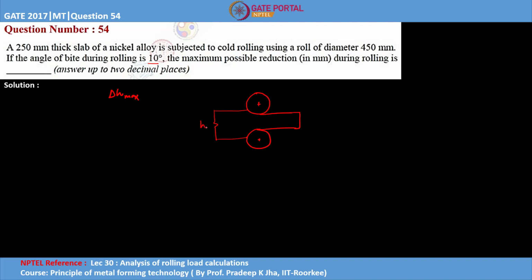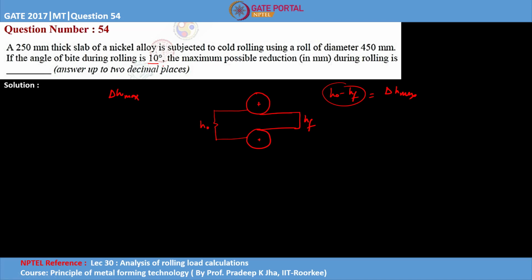So if this is our H0 entrance height and this is our exit height, or you can say thickness of our slab, so the difference between this H0 minus HF, so the maximum difference is nothing but delta H max. So this is what we have to calculate, like the maximum possible reduction that we can achieve if these are the conditions mentioned in the problem.